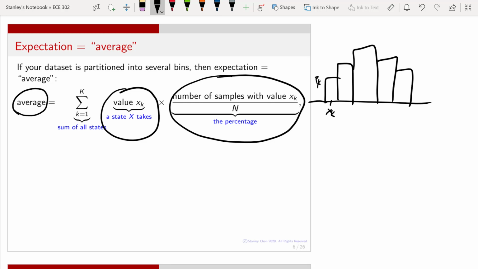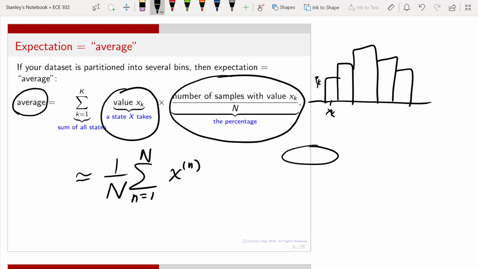Now, if you do it in this way, what do you have? Well, this is more or less just taking 1 over n. Here I'm using k, so you have n samples, n going from 1 to capital N, of all the possible samples that you have in your data set. Okay, so what is it?